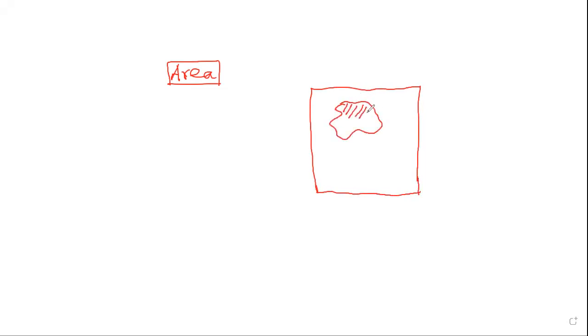If I draw a bounded region on a piece of paper, then we want to define the area of this bounded region. So how much place is occupied inside this bounded region. Let's say the boundary we call C, and this area we will calculate somehow mathematically.